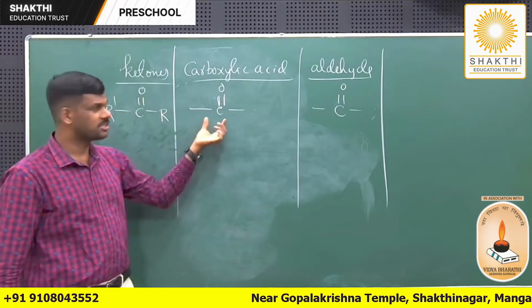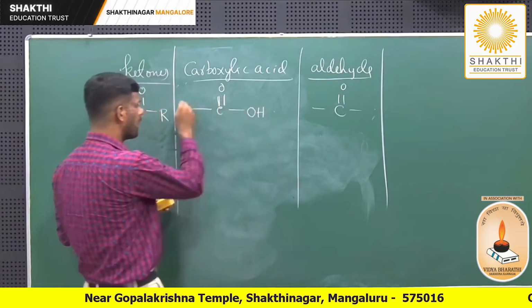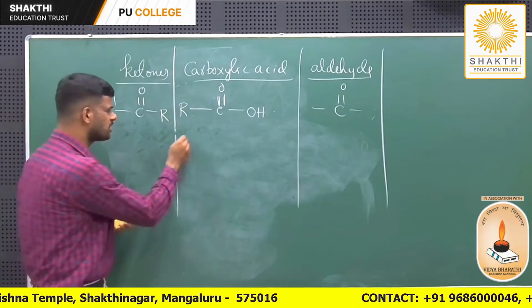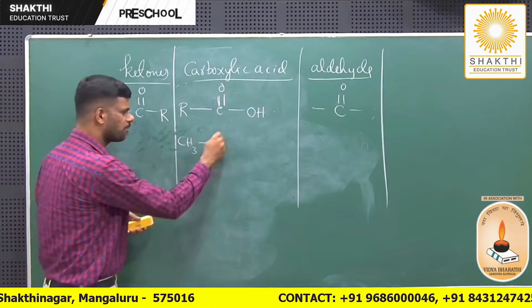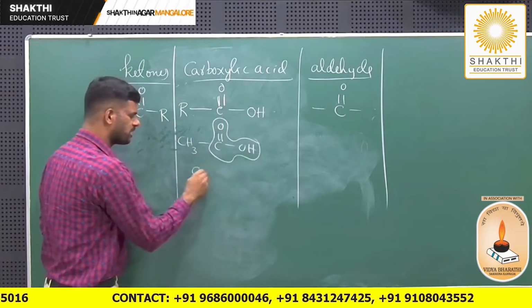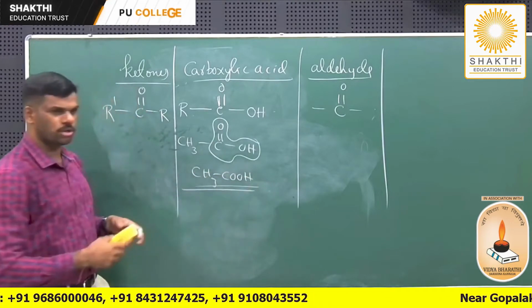For carboxylic acid, the CO group must contain 1 OH group and 1 more can be any alkyl group. So 1 alkyl group, say this is CH3, C double bond O, OH, because COOH. How do you write CH3COOH as a molecular formula?